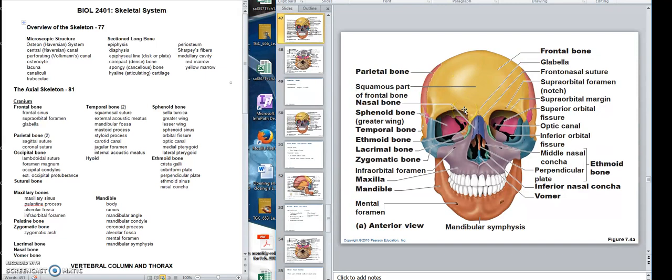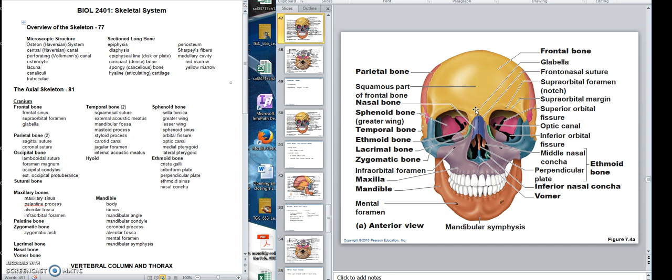So we have the supraorbital foramen and the squama. Right here, if you put your hand there, that's the supraorbital margin. That's where it bends into the eye socket. Normally I'd have a more complete list, but I'm going to stick with this one since it's already done. So that's the frontal bone.